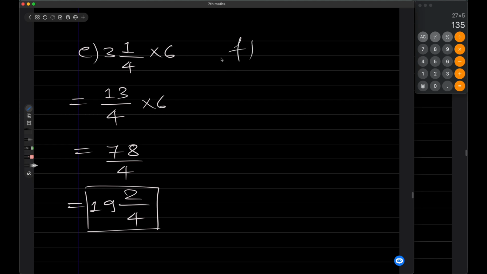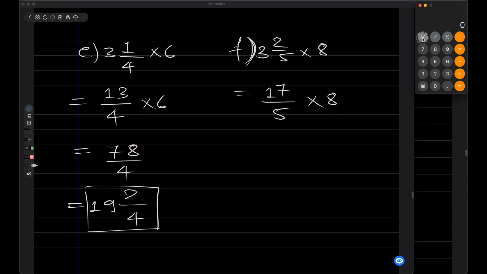And F, we have 3 whole 2 by 5 into 8. First convert it into improper fraction, that is 3 5s are 15 plus 2 is 17 divided by 5 into 8. We have 17 into 8 equals to 136 divided by 5.